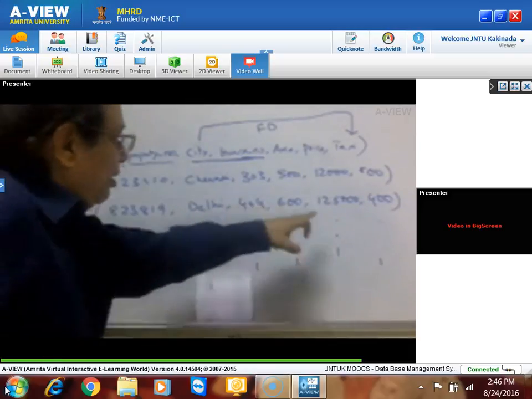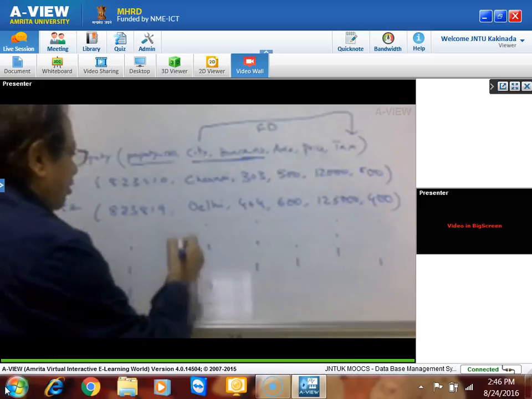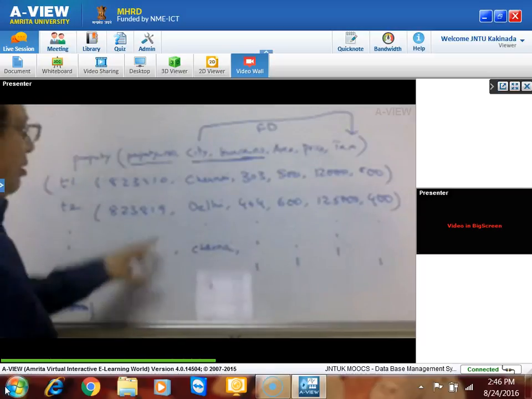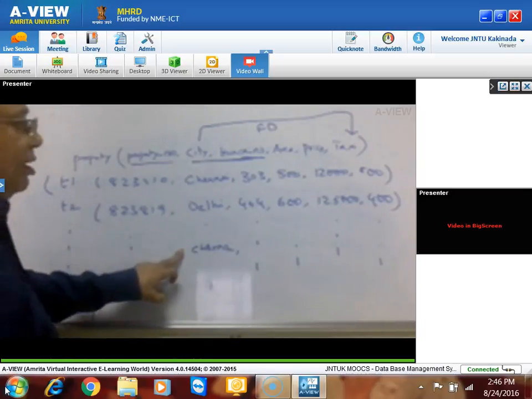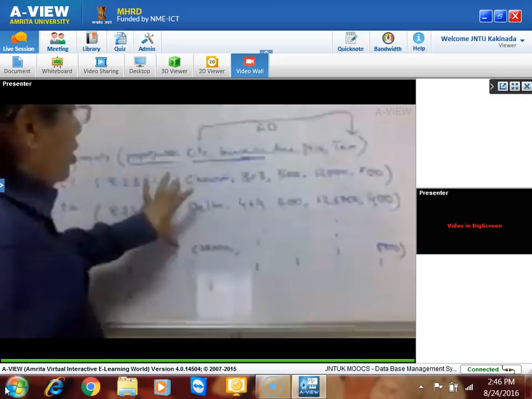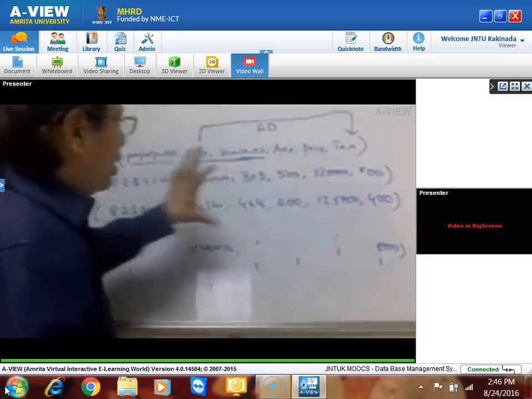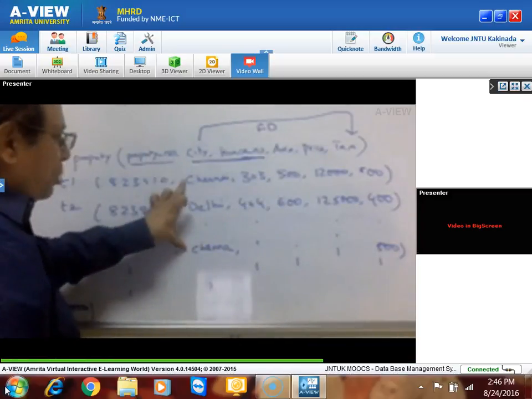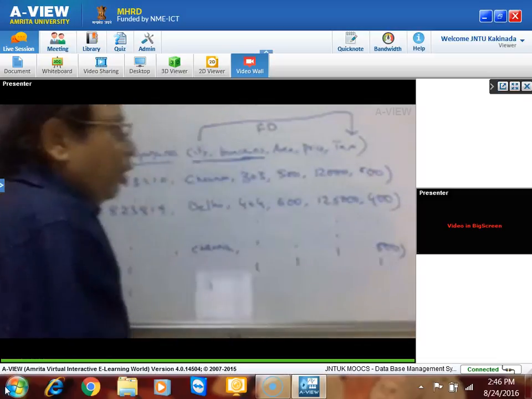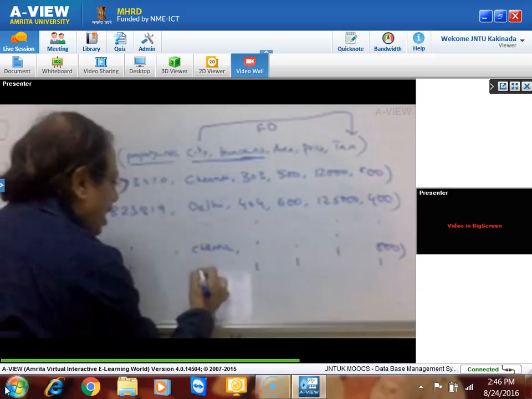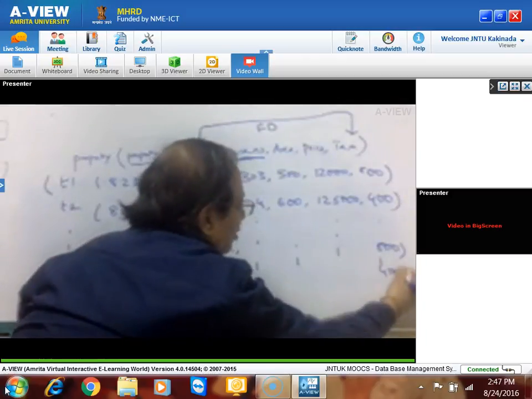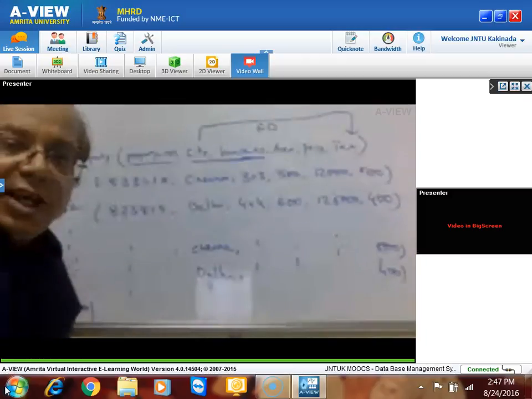If there is another property located in Chennai somewhere, then there is a tax there. That tax has to agree with this because there is a functional dependency between these two attributes. When any two tuples agree on the value of the city, Chennai, they also have to agree on the value of tax. Similarly, if I have Delhi, they also have to agree on the tax. Okay, right?